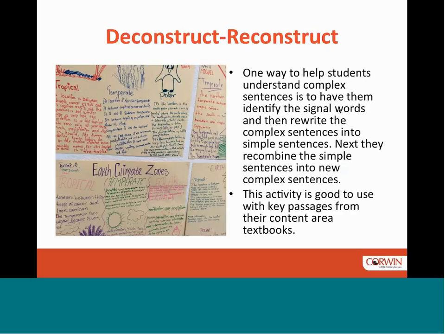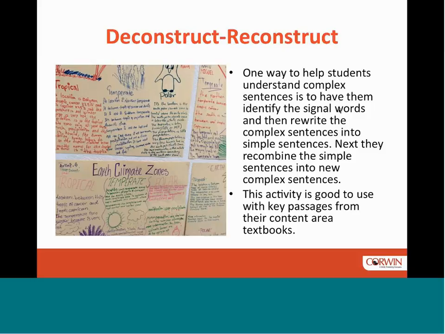One way to help students understand complex sentences, because we know that the syntax of academic language includes complex sentences, is to help them know how to learn signal words. Signal words are those conjunctions and other devices that people use to connect ideas in a complex sentence.